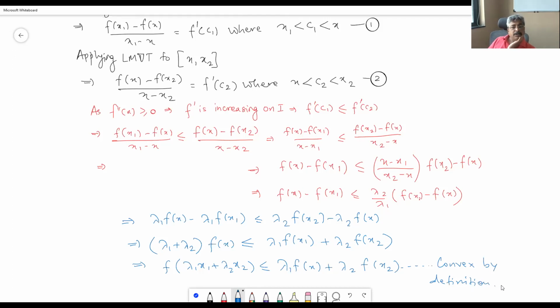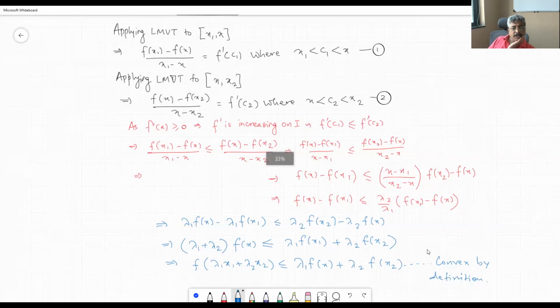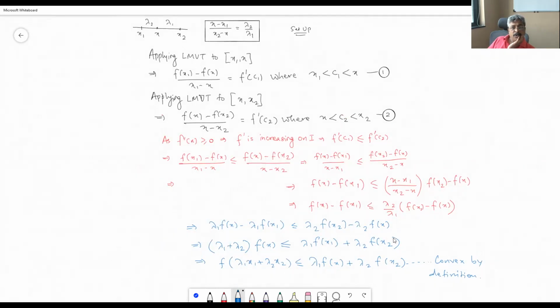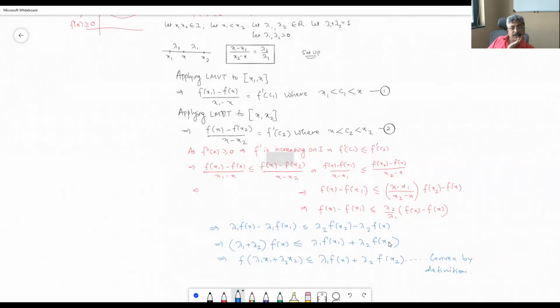Okay, so I just keep everything on board, you copy it, and then we move on to the next. Here I can say, if we simplify this, x is equal to lambda 1 x1 plus lambda 2 x2.